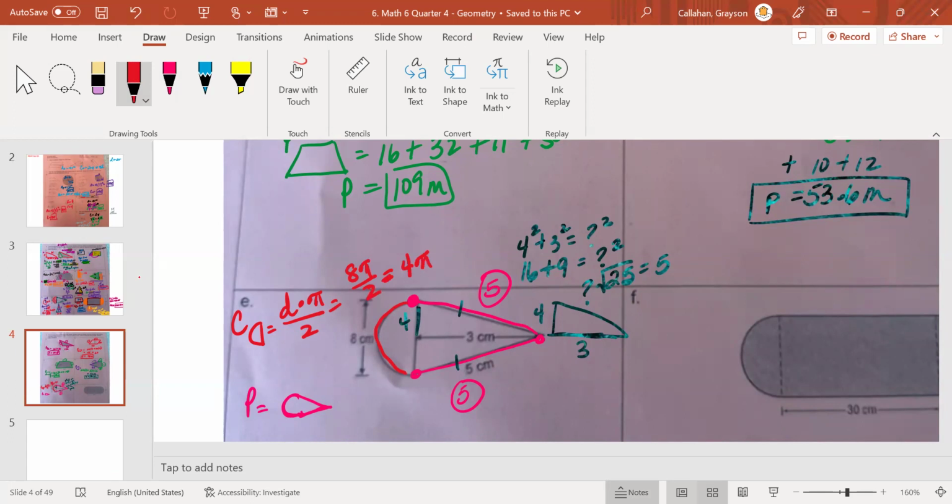So for the entire thing, let's do 4 pi, which is half the circle, plus 5 plus 5, which is 10. And then your centimeters. There you go. That is your answer. Does that make sense? Okay.